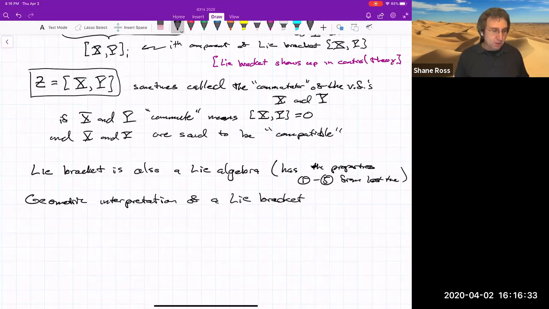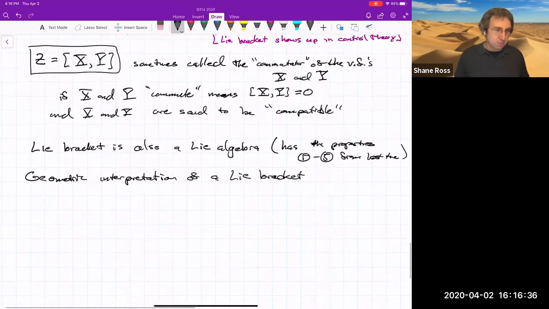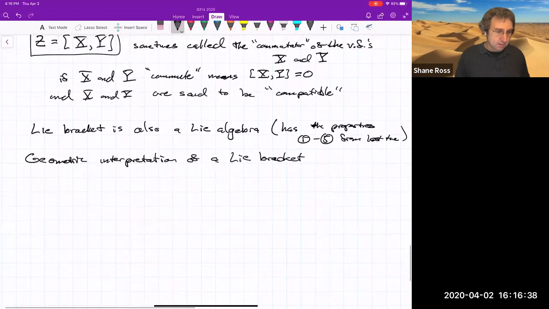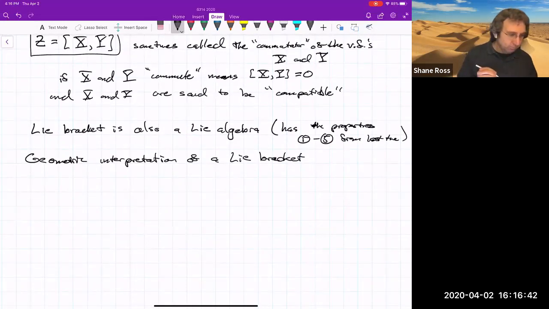But let me give a geometric interpretation that has helped me. How to do this? We've got a point.